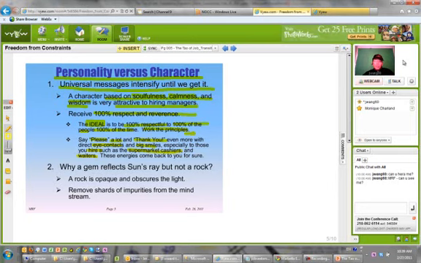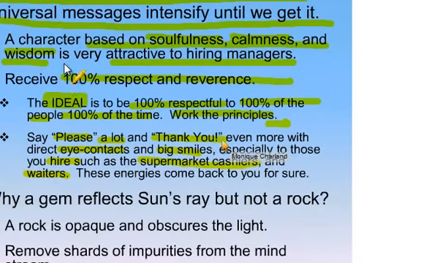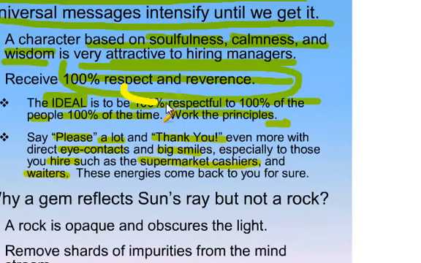Because if it's a principle, then you should be able to have predictable results. So if I begin from today to have 100% respect and reverence towards 100% of the people all the time, and then see what I get, I can give it a try. And if I try long enough, it becomes a habit, and then you form a new character, and the personality will flow from that.